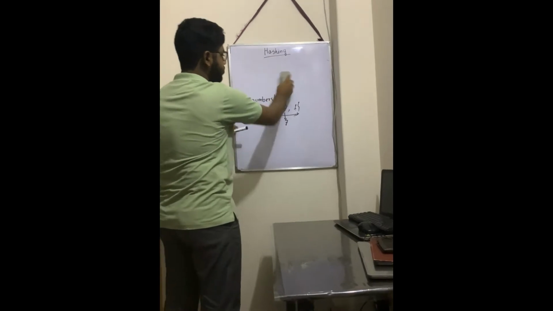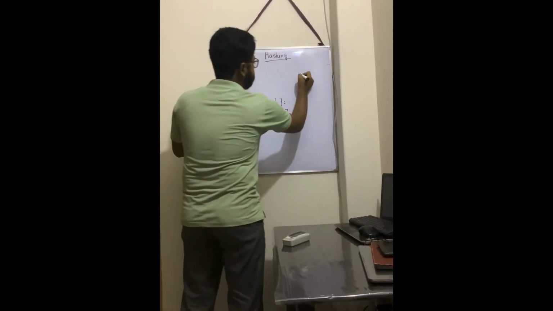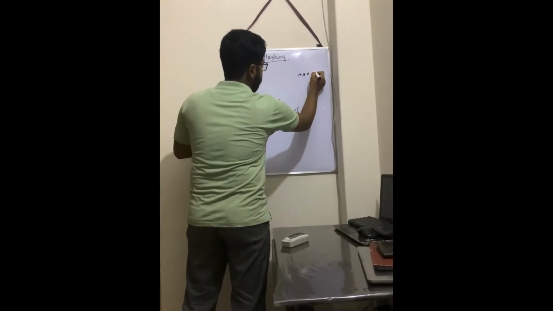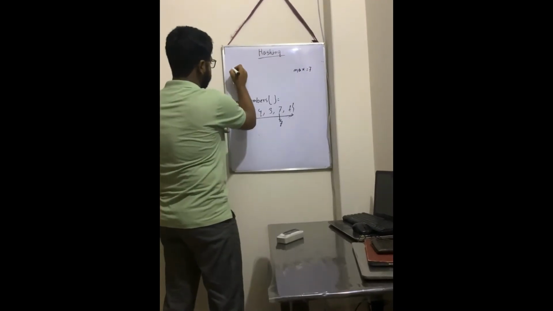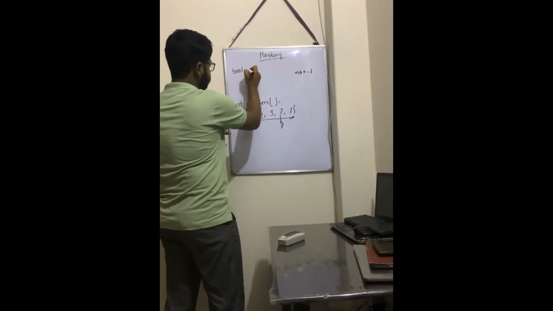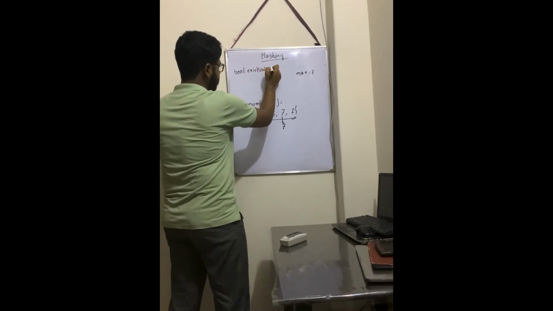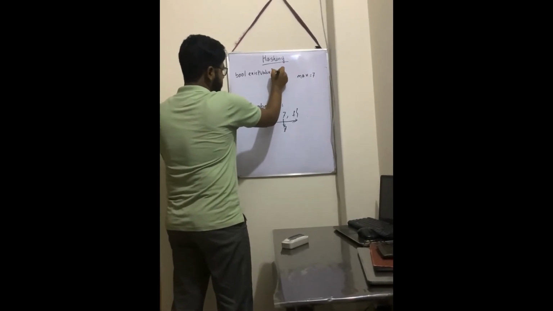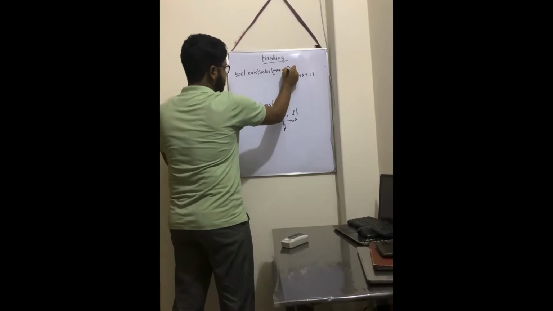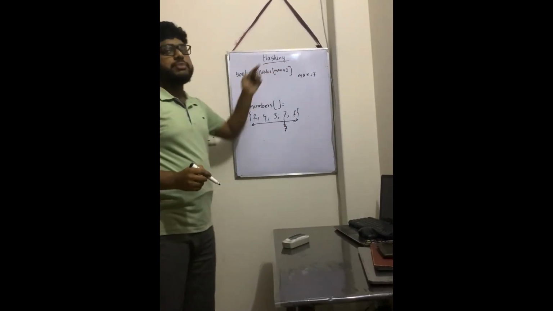Why maximum plus 1? The maximum value is 7, so we need to initialize a Boolean array of size maximum plus 1. The array name is value.